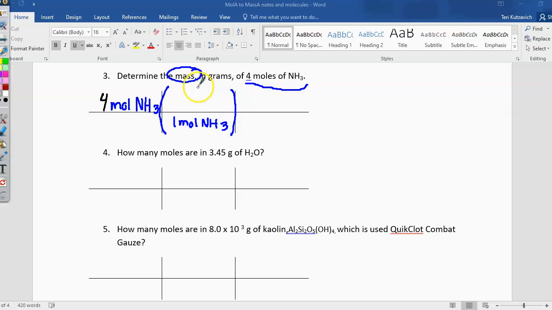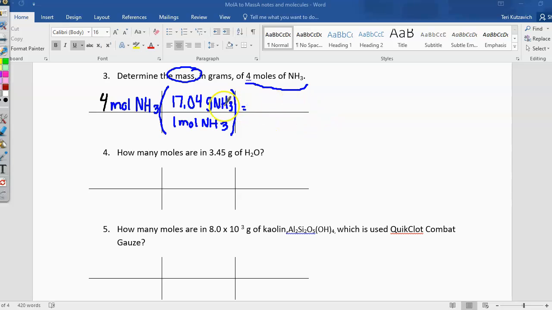I want the mass, so what can go on top? My grams of NH3. What number goes in front of the grams? The number from the periodic table. So add up 1 N and 3 H's, and you get a total of 17.04 grams for the NH3.